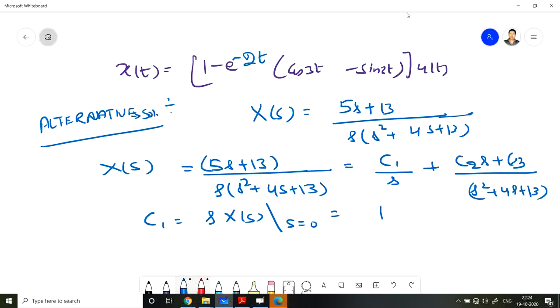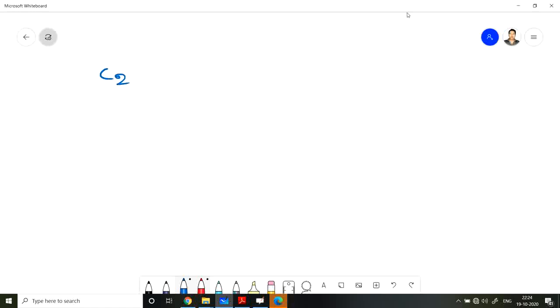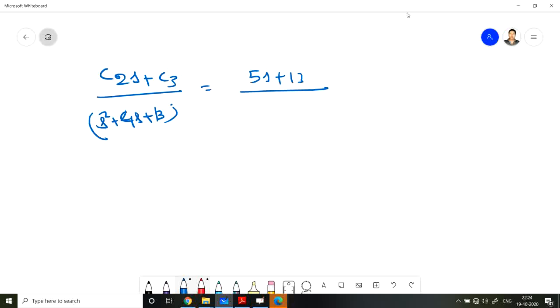Then we have (c2 s plus c3) divided by (s square plus 4s plus 13) equals (5s plus 13) divided by (s square plus 4s plus 13) minus 1 by s.